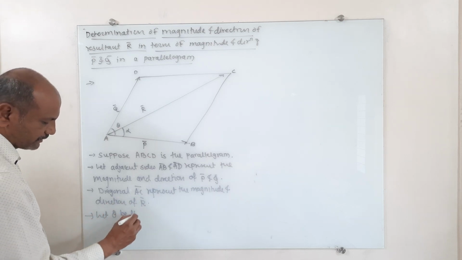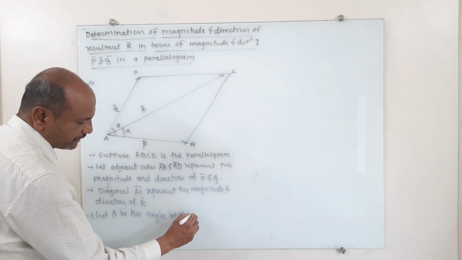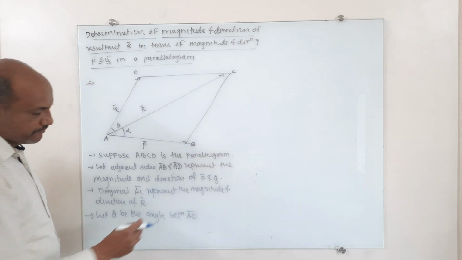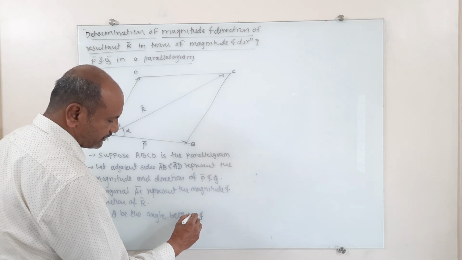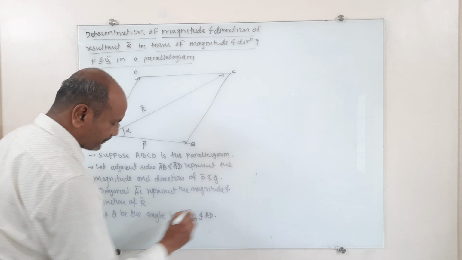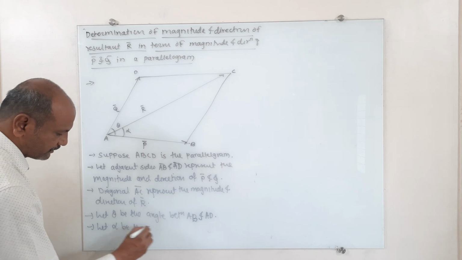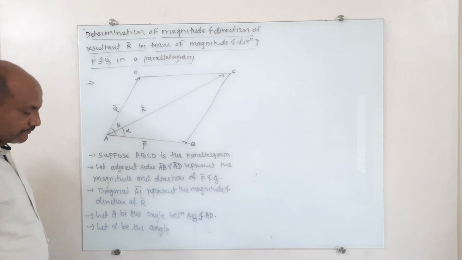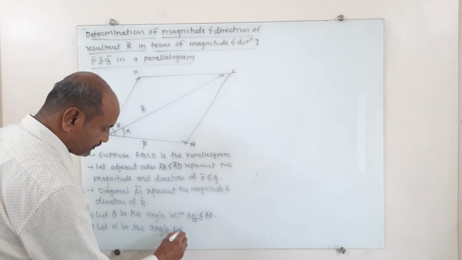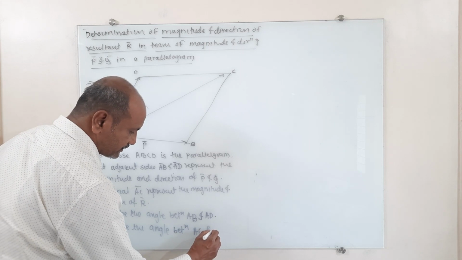Let theta be the angle between AB and AD. Let alpha be the angle between AC and AB.